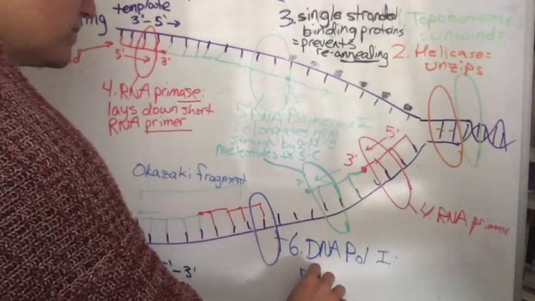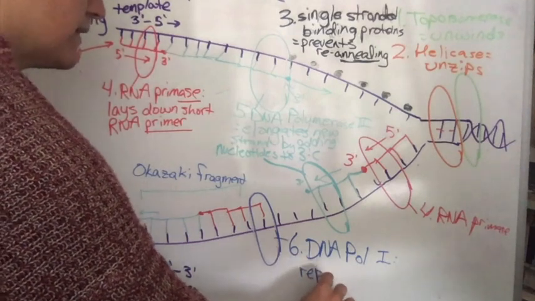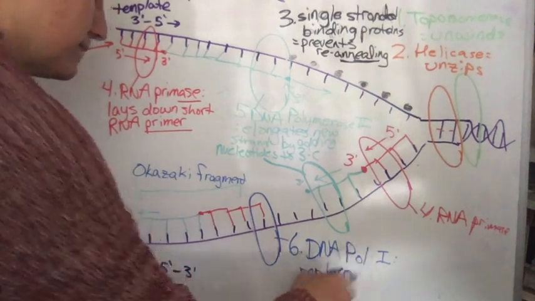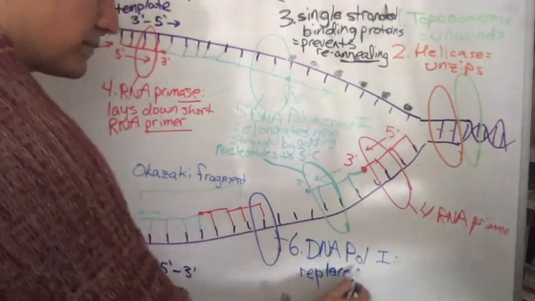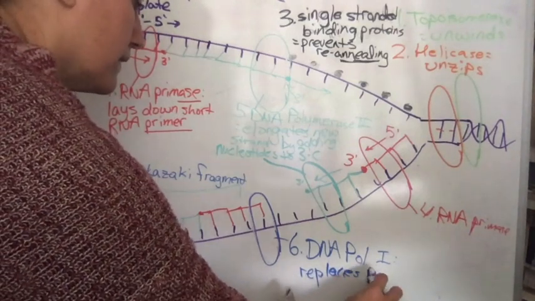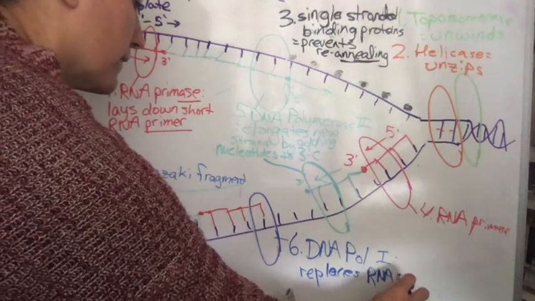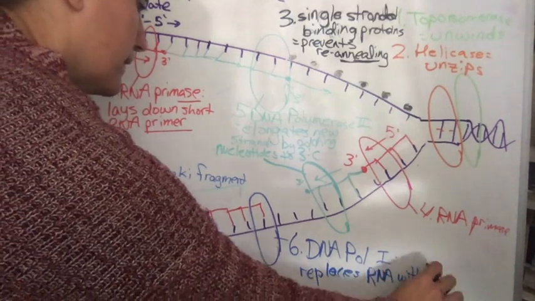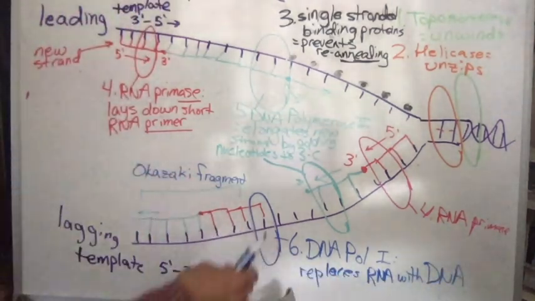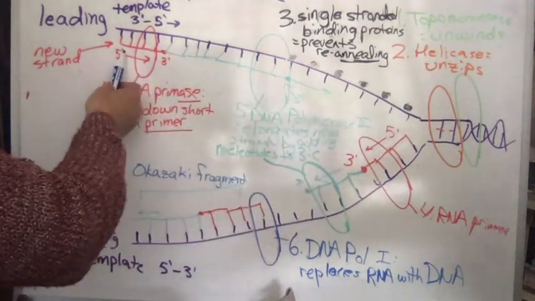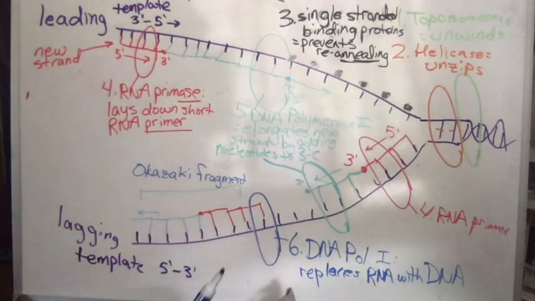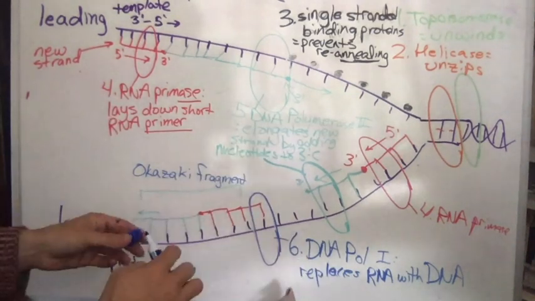This goes and removes and replaces the RNA with DNA. So DNA polymerase 1 will come in to each of these different RNA primers that are here, kick them off essentially, and as it goes through, it will fill in the gaps with DNA nucleotides. So now at least we have all DNA.